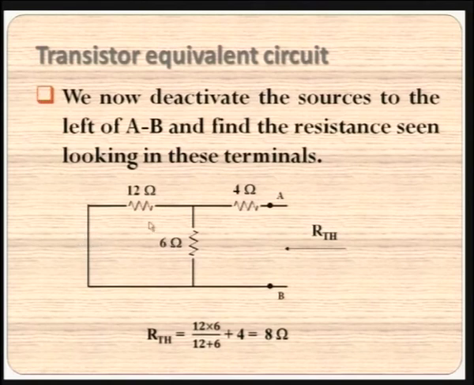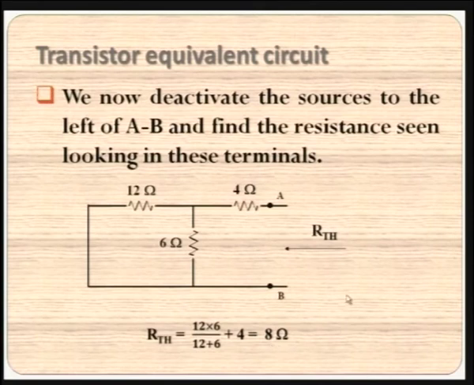That has been done, and these are the 3 resistors. We need to find the equivalent resistance, that is called the Thevenin equivalent. The 12 ohm and 6 ohm are in parallel, and that combination is in series with 4 ohm. So that is also calculated here.